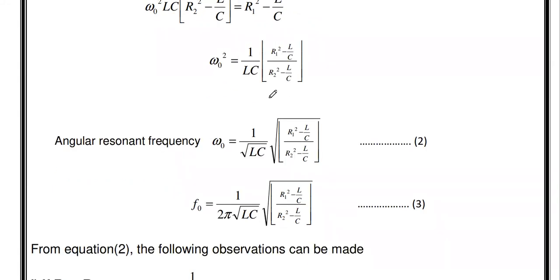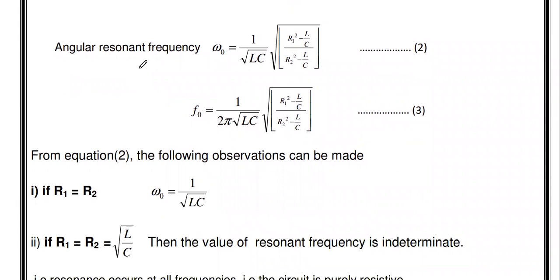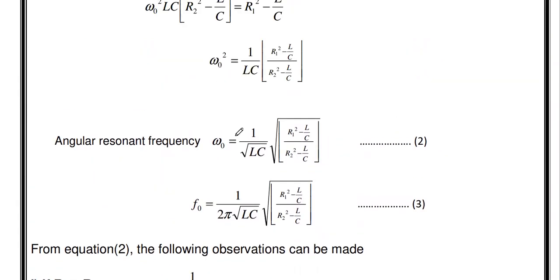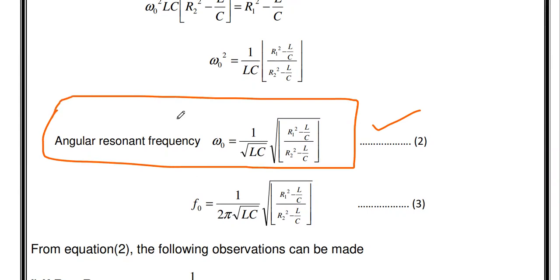If you take the square root on both sides, we get the angular resonant frequency. The angular resonant frequency equals 1 by root LC into the square root of this. This is the angular resonant frequency for our two branch parallel RLC circuit.